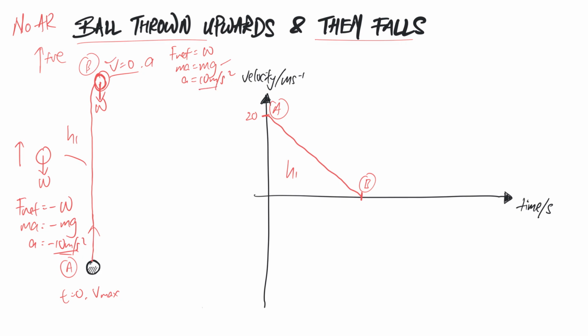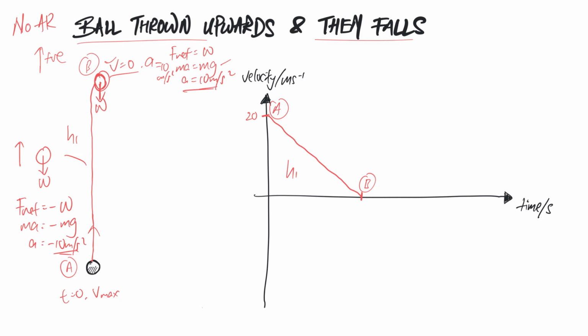So even though at the highest point it is momentarily at rest, making a U-turn, there is acceleration due to gravity and it is always downward. And the magnitude is 10 meters per second squared. That's why at the speed equals 0 here, there is a gradient, which is 10 meters per second squared.